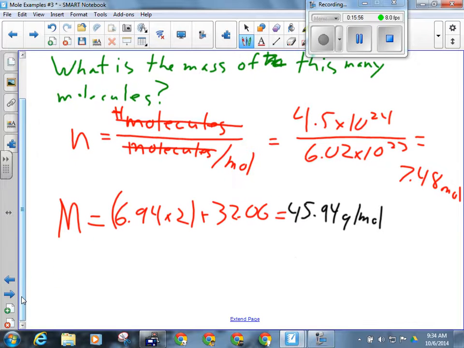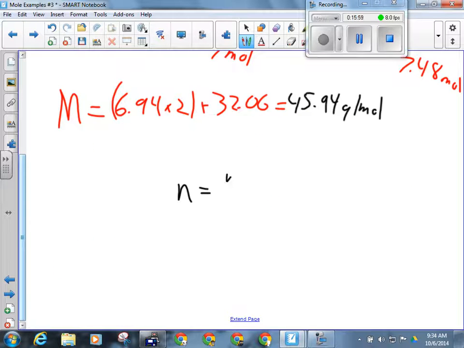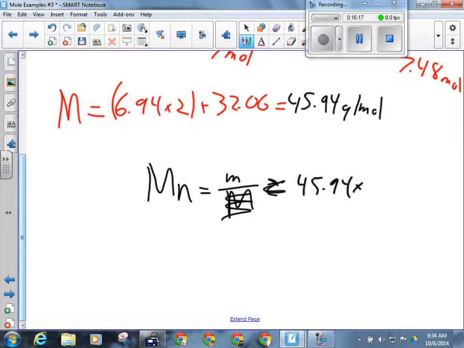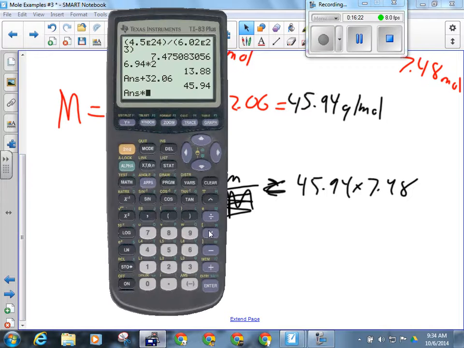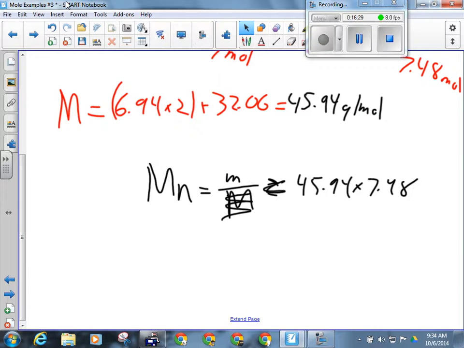I'm looking for mass, sorry. That's still the right formula: n equals little m over big M. So I have to manipulate now for m: multiply both sides by big M and plug in my numbers. 45.94 times 7.48 gives us 343.63 grams.